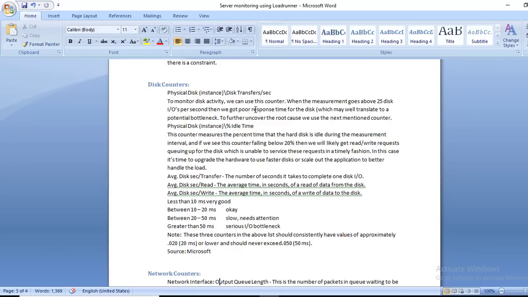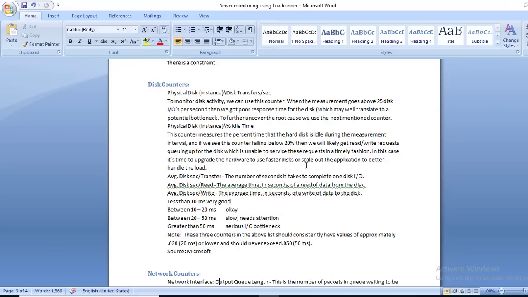To monitor disk activity, we use this counter. When the measurement goes above 25 disk IOs per second, we get poor response time for the disk, which may translate to a potential bottleneck. To further uncover the root cause, we use the next counter, physical disk instance, percentage idle time. This counter measures the percentage of time that the hard disk is idle during the measurement interval, and if we see the counter falling below 20%, then we are likely to get read write requests going up for the disk, which is unable to service the requests in a timely fashion.